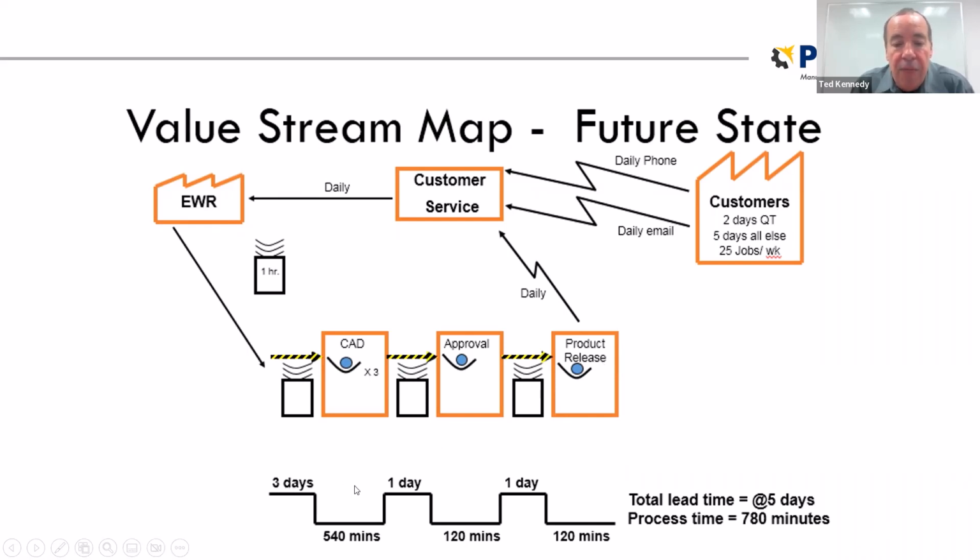So in this one, we have 5 days of lead time and 780 minutes of processing time. Now instead of 12 days plus the 960 minutes, I think it was, processing time, we're getting the orders out in a little more than 5 days, by improving on and eliminating some of the inspection operations and the estimating. So you can see how it can make a dramatic improvement to the operation.